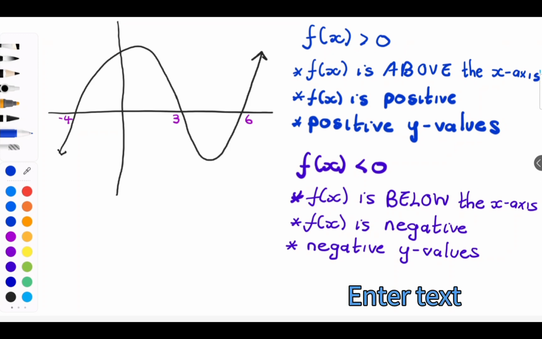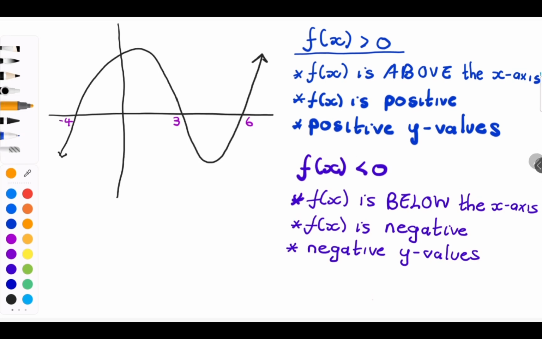Okay, here we have a cubic function with x-intercepts of -4, 3, and 6. So the first one we want is where f of x is greater than 0. So f of x is greater than 0, which means that it is above the x-axis, this part here, as well as this part here. So the part that is highlighted in orange, it is where our graph is positive, where we have positive y values.